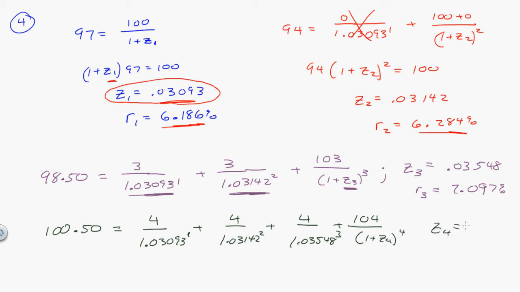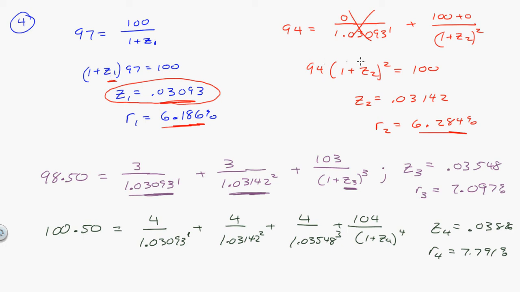Z4 is equal to 0.03896. So the 2-year spot rate is twice that, or 7.791%. So the key thing to think about here is, this is bootstrapping, so we find Z1 first.